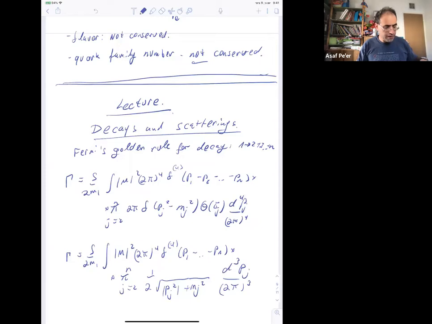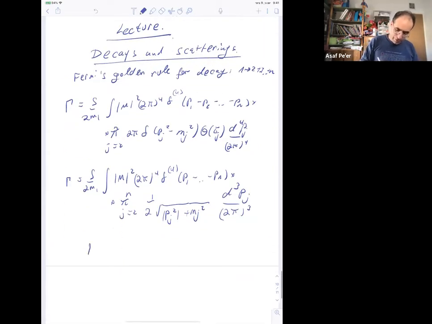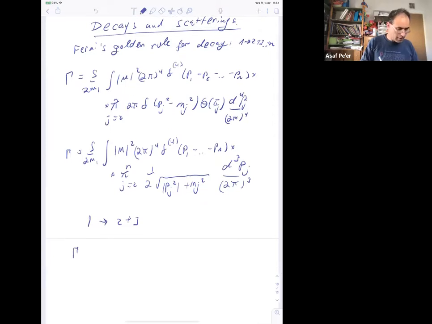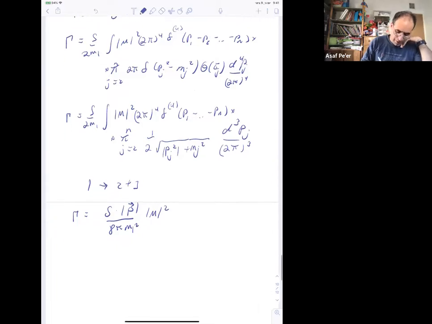And in the specific case of a 2-particle decay, if we have 1 particle that decays into 2 plus 3, then we showed that gamma is equal, we actually solved that, and we ended up not even having to carry out the integration. We ended up that gamma is S times p divided by 8π m1², |M|², where p depends on the masses.